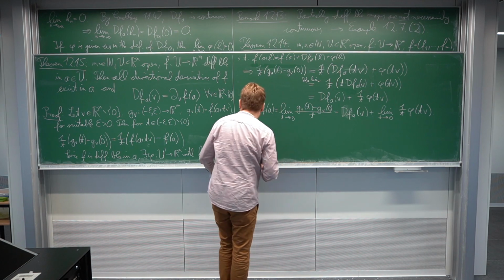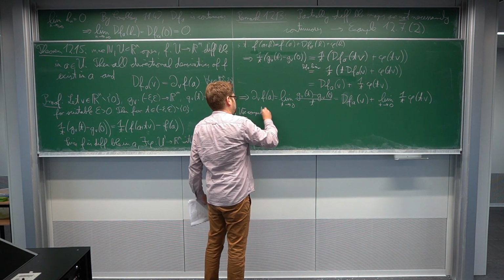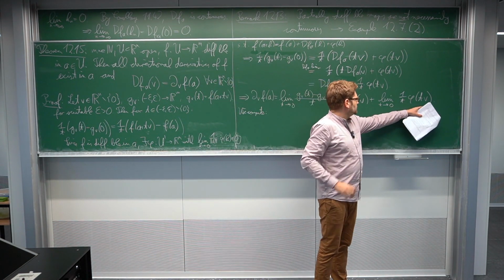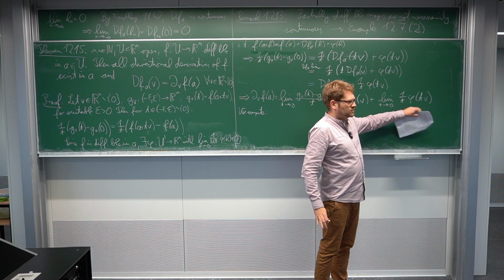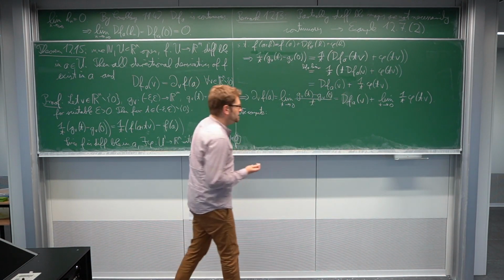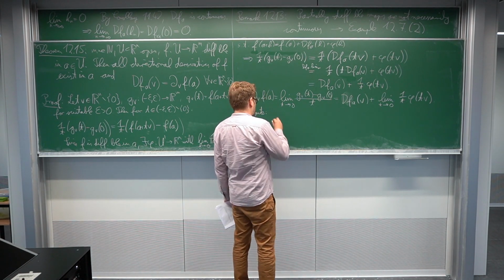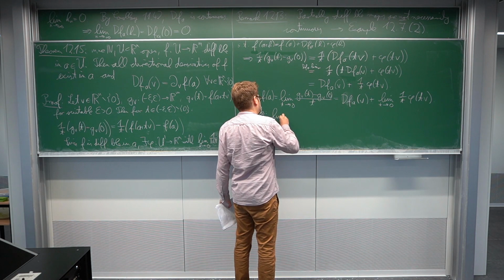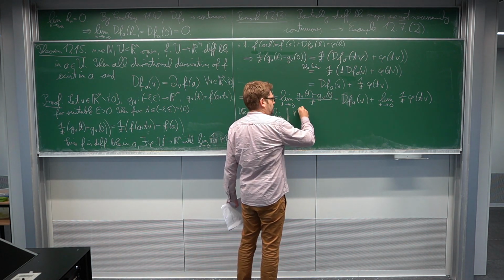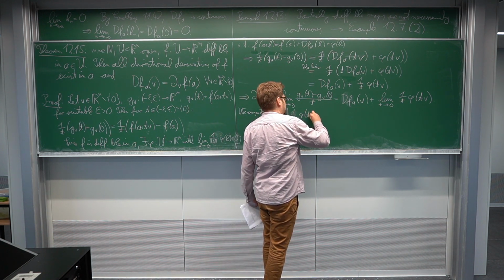For this we do the computation. To show that this goes to 0, this is a vector in Rm, and by properties of the norm, it suffices to show that the norm goes to 0, since the norm is 0 if and only if the vector is 0. So it suffices to show that this limit goes to 0: 1 over t times phi of tv.